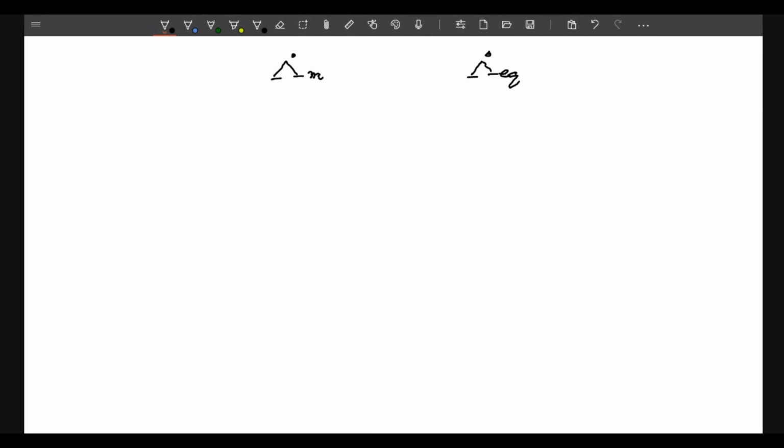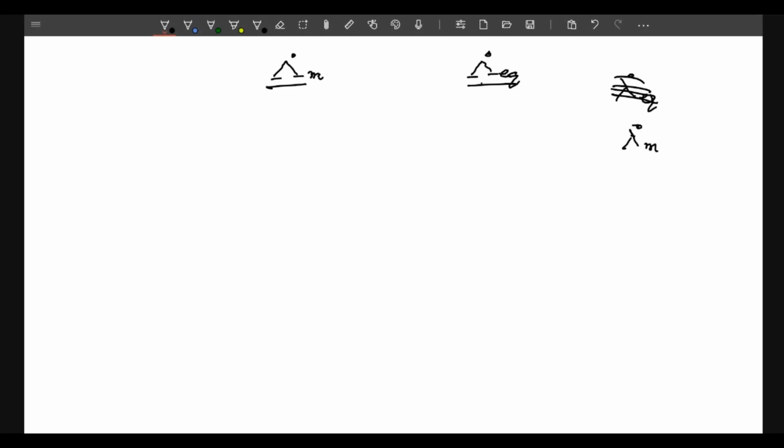First, we will say you are provided with the molar ionic conductance.